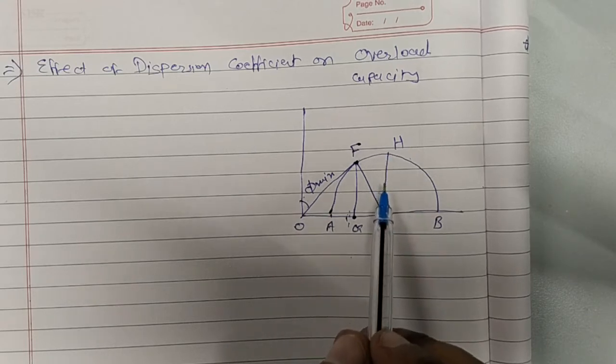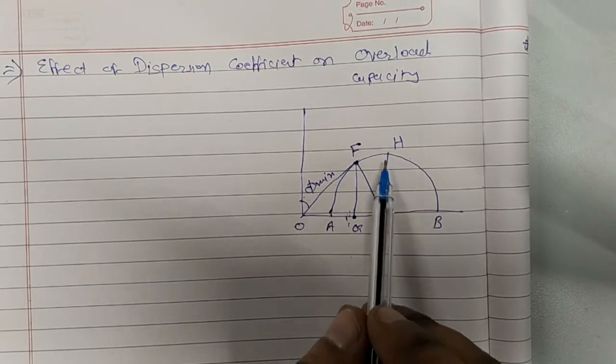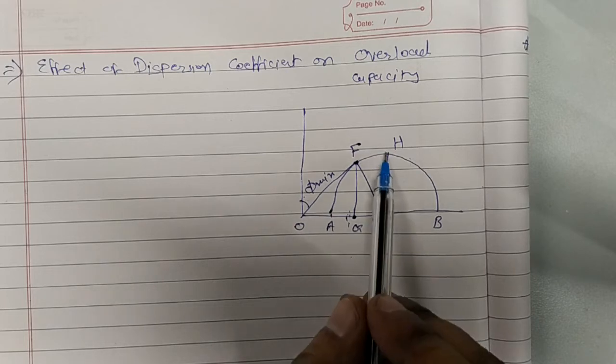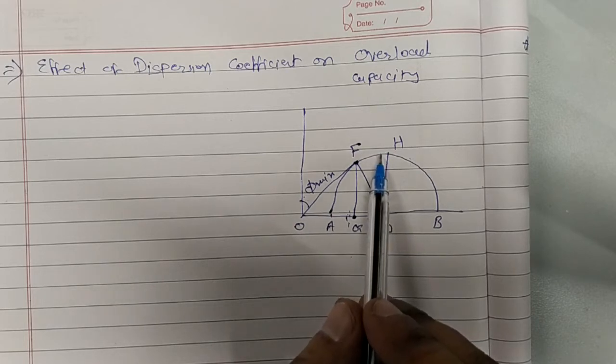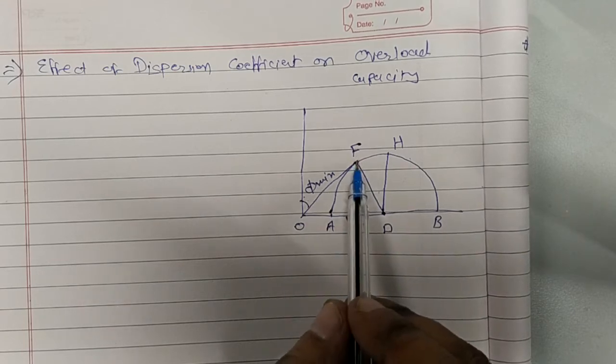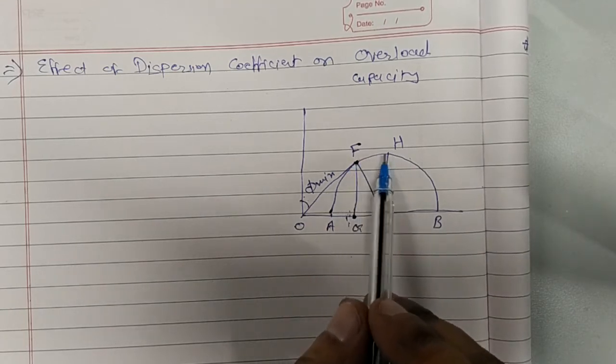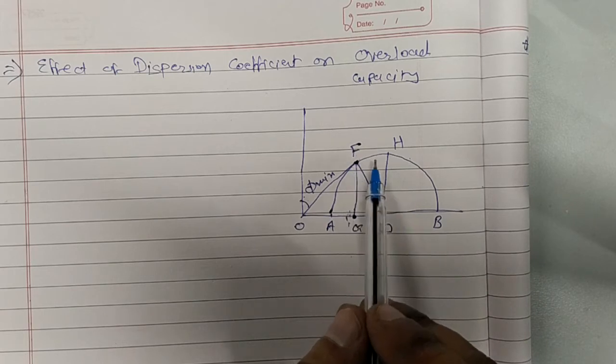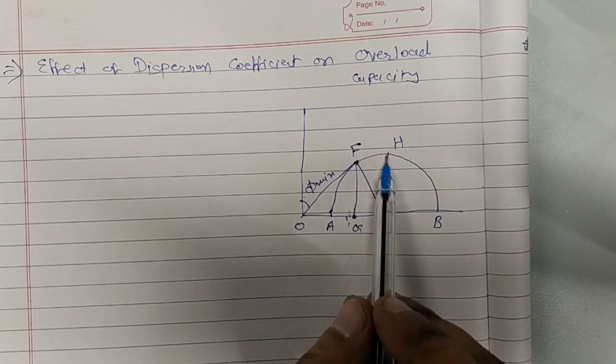Both are different instants. This instant is for the maximum value of the short circuit current, and this instant is for full load. So both are different currents, for full load and the maximum.